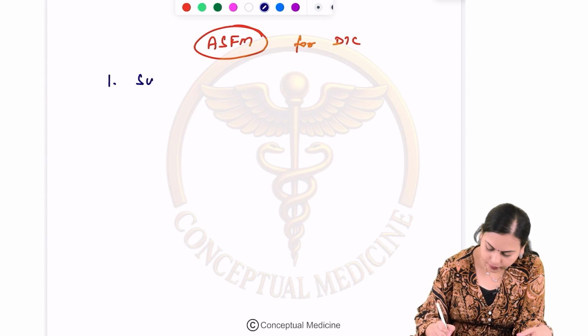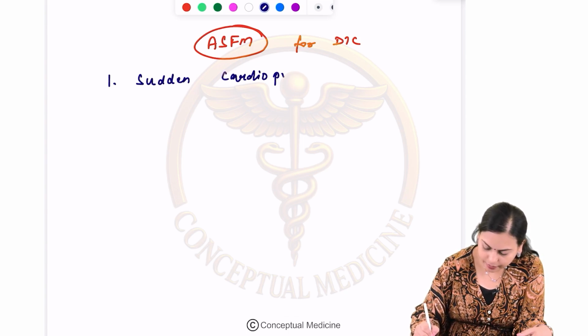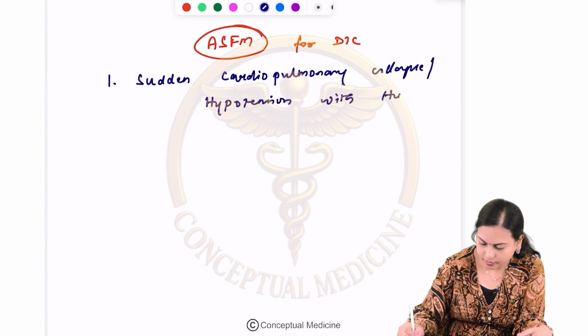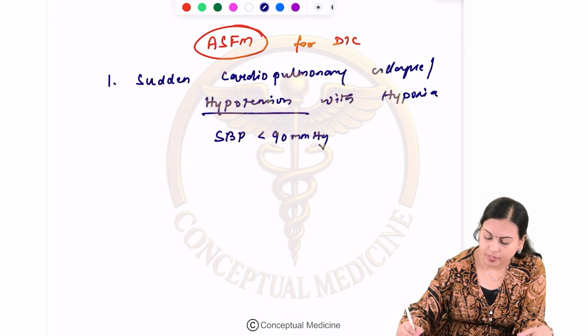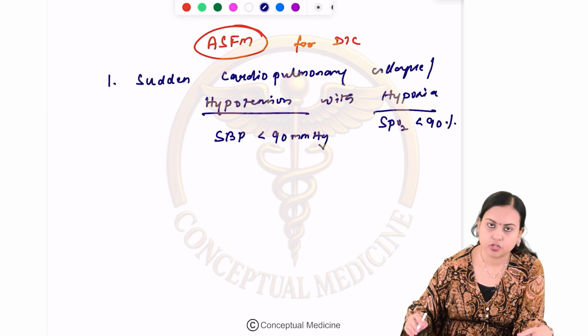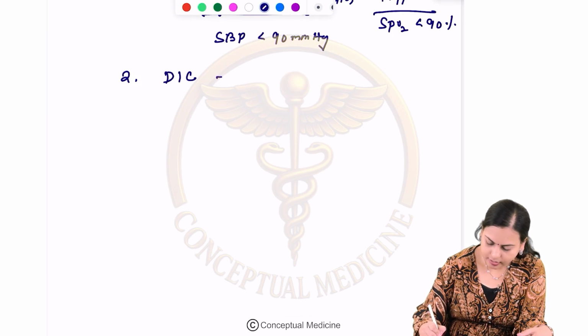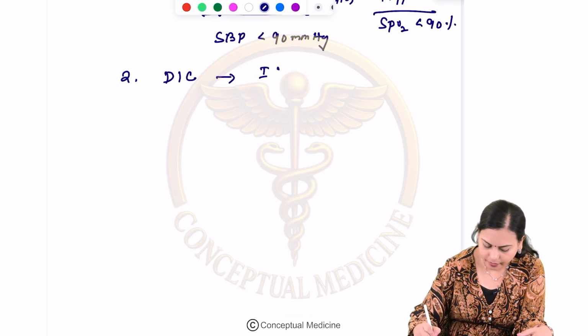So, we will see the important criteria you have to arrive at from all these investigations. Number 1, there should be a sudden cardiopulmonary collapse or hypotension with hypoxia, and hypoxia means the saturation should be less than 90%. Clear? Then DIC should be present according to the ISTH definition.